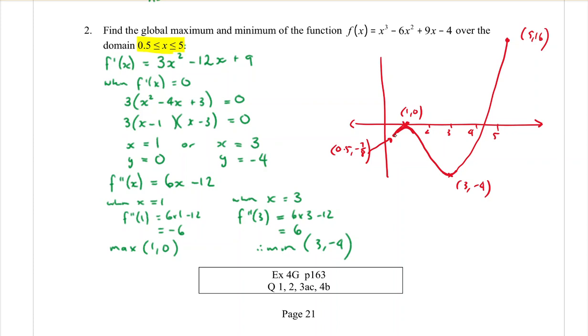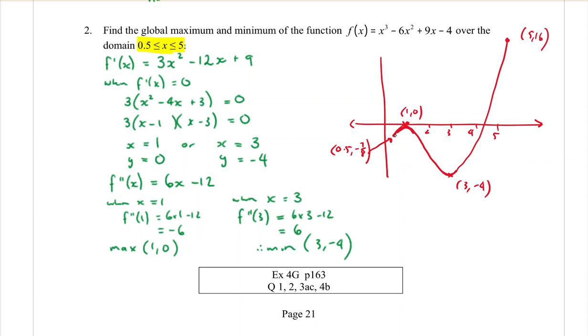So now when we've sketched that in my domain, the global maximum is not this maximum turning point. The maximum value my graph gets to is the 16. The global minimum though, this one doesn't overtake my turning point.